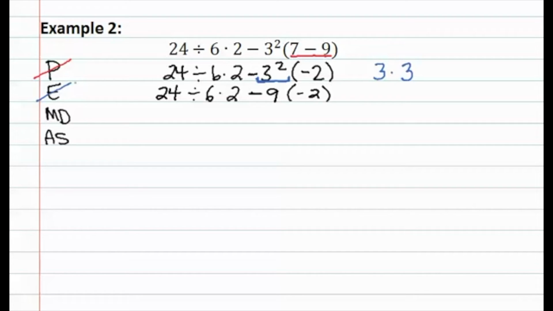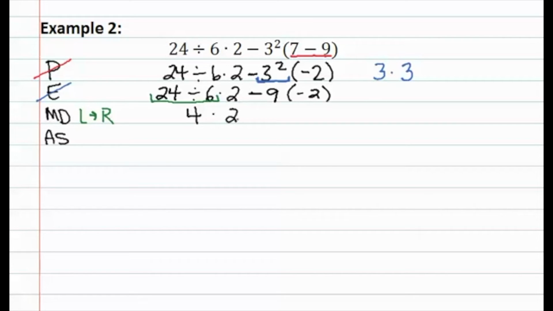We now move on to the MD, or multiply and divide. Remember that we do not do multiplying before division, but that we work from left to right. This means that we actually complete the division step first, because it is further left. 24 divided by 6 is 4.